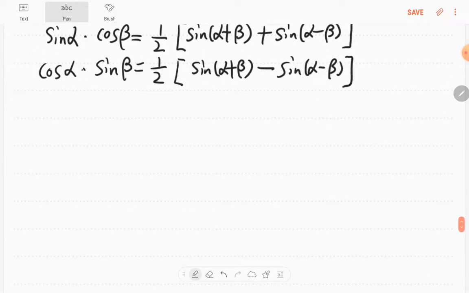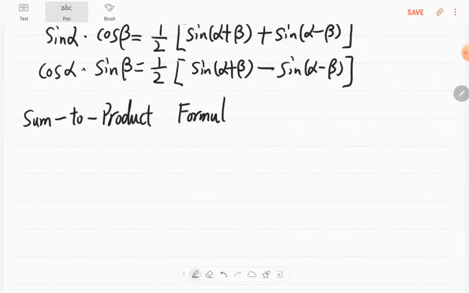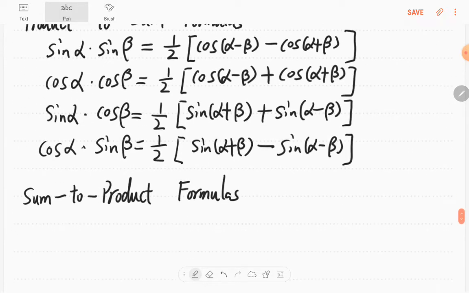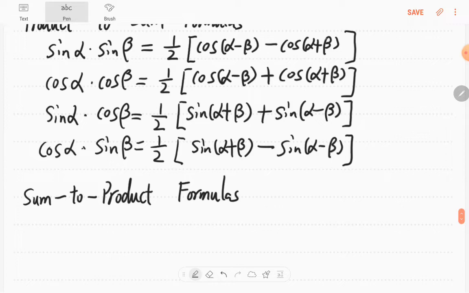Then you have the sum to product formula. So this is the sum and difference, right? Then we just multiply by 2 on both sides, right? So we notice that alpha is actually alpha minus beta plus alpha plus beta, then divided by 2, right? Beta would be actually alpha plus beta minus alpha minus beta, then divided by 2, right?